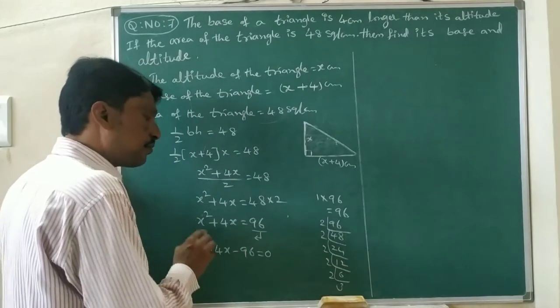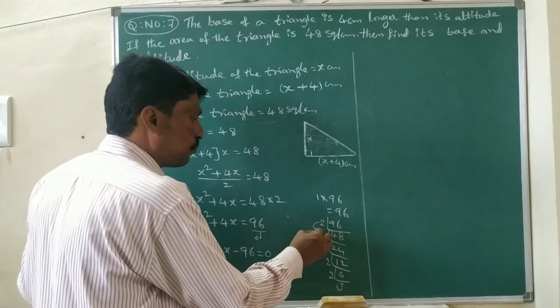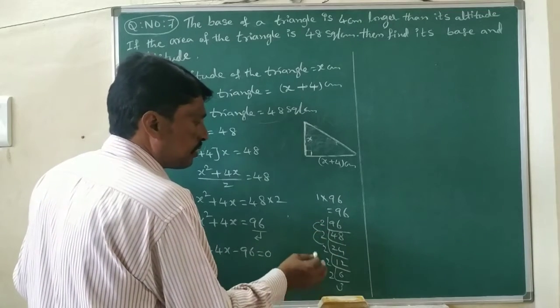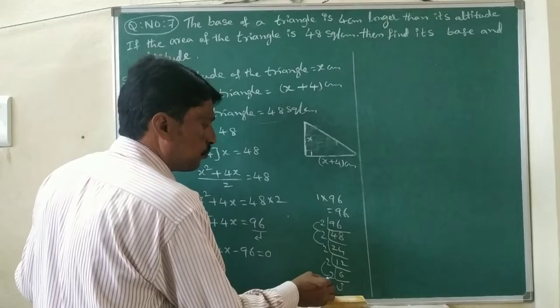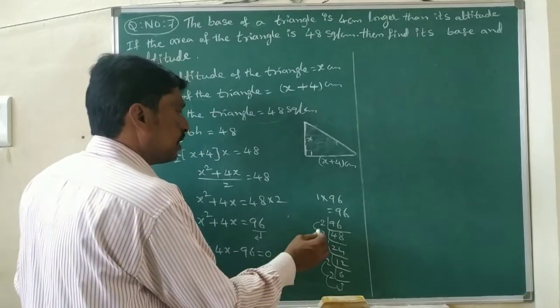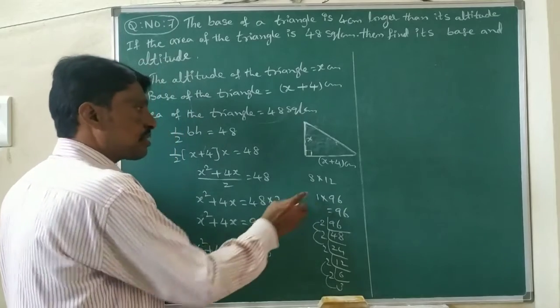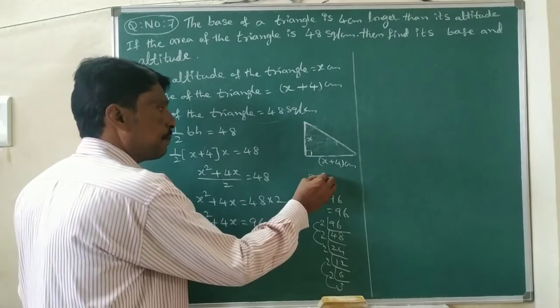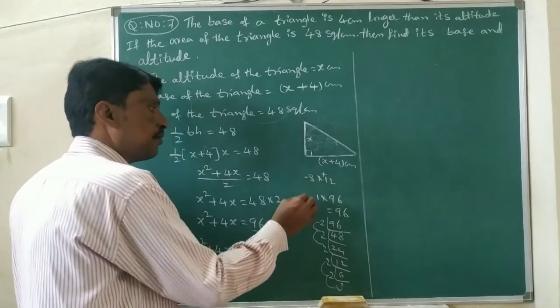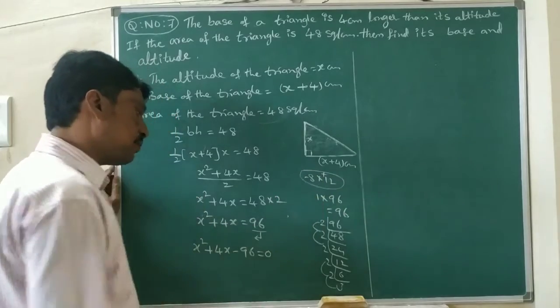We need a difference of 4, so 8 and 12 work. Subtracting means we get plus for the bigger number and minus for the smaller number.